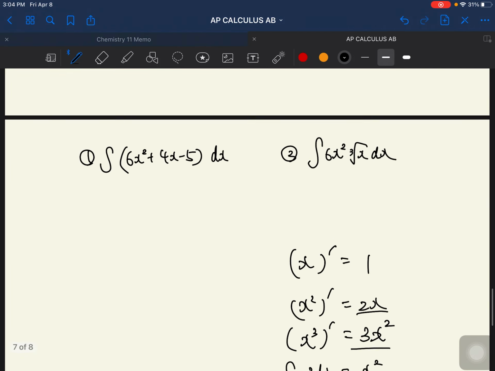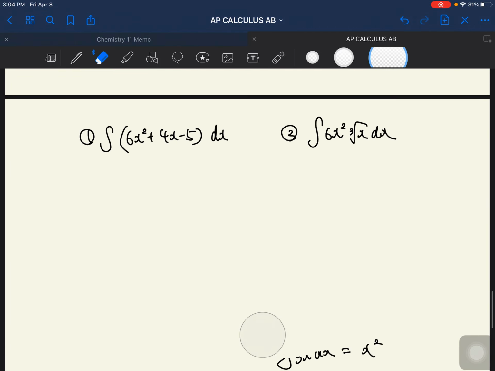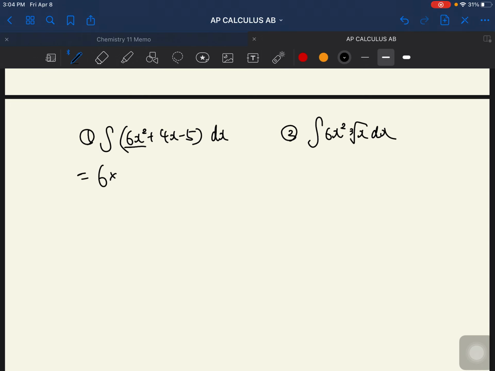Anyway, this is how it works. So let's get started. First one, maybe it's not too difficult. Let's do it one by one. The integral of 6 times this one, the power is 2. So let's add 1, which is 3, and 1 over 3 times x cubed, and it's done.